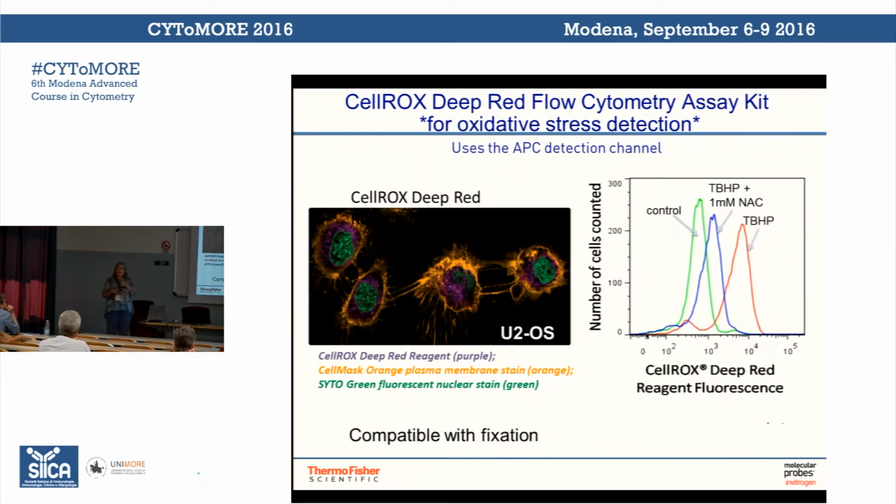CellRox Deep Red, this is actually my favorite. This is in the APC detection channel. Because it's not a DNA binding dye, it's compatible with fixation. Here we have an image of the CellRox Deep Red, this purple area here, with a CellRox Orange and a Cyto Green nuclear stain.